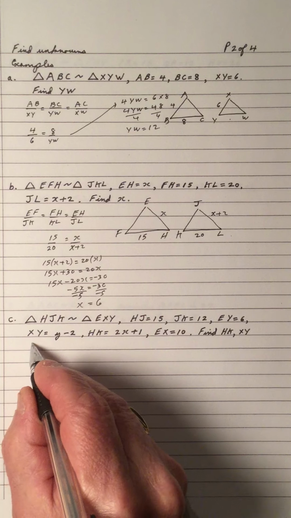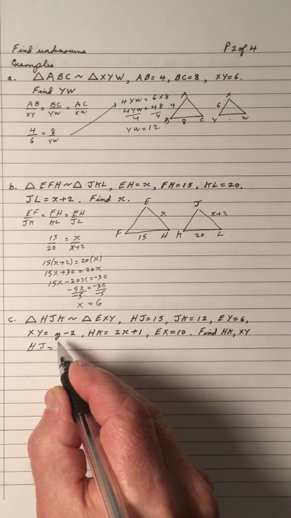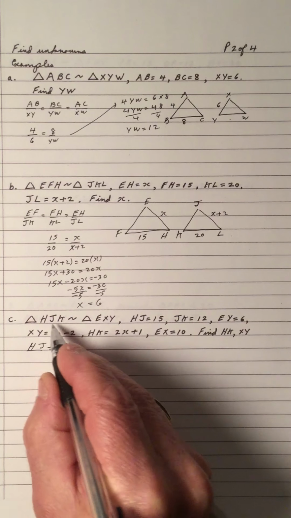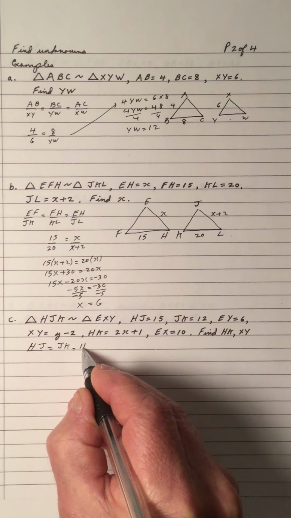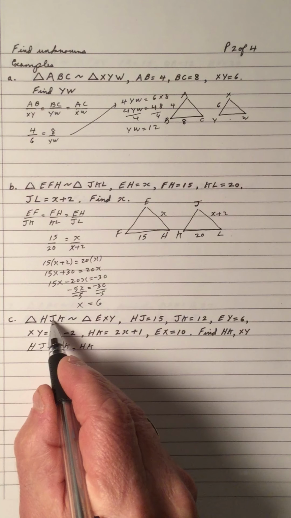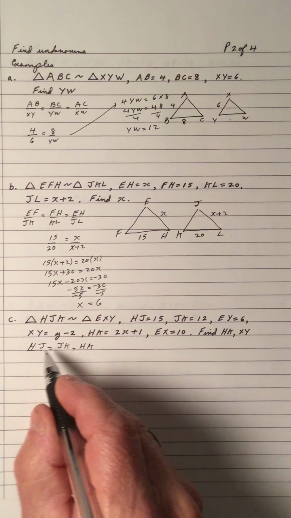So, by proportion, HJ, and I'll do JK, and I'll do HK. So I'm always consistent. I always go these two, then these two, and then these two. That's the way I do it.